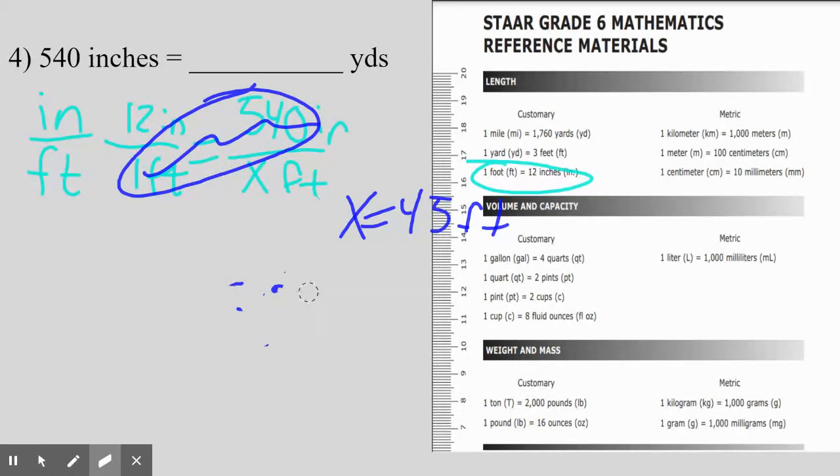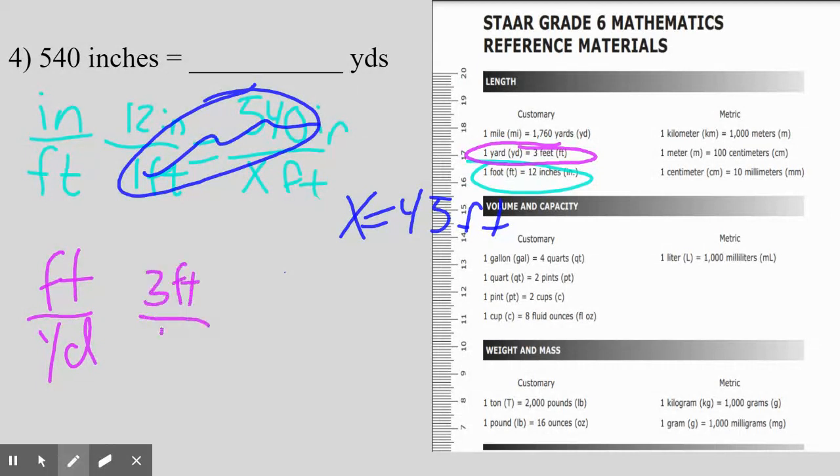So now I got to set up my second proportion showing feet to yards. So I know that 3 feet is in 1 yard. And what's given to me is I had to solve for that 45.